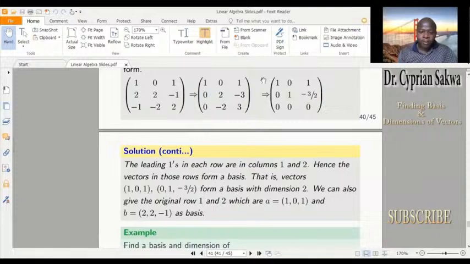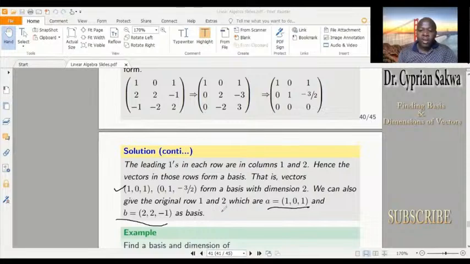Or alternatively, I would take this vector 1, 0, 1, and this other one 0, 1, negative 3 over 2 to form a basis. So one can give a basis as this, or as this and this.